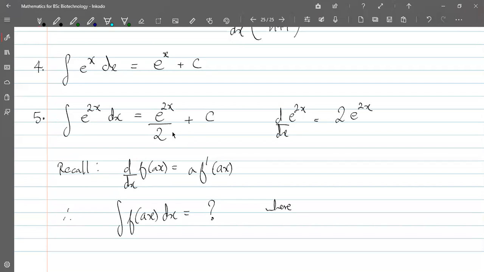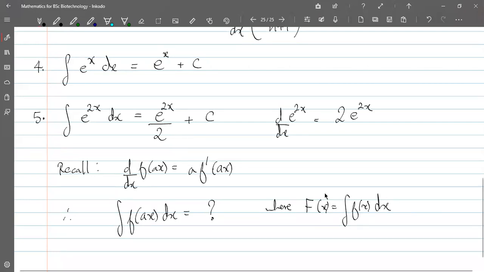Where I'll write capital F of x as integral f of x dx. I'm denoting the antiderivative of small f of x by capital F of x. So suppose this capital F of x stands for the antiderivative of f of x. For example, if small f of x is e power x, then capital F of x is e power x plus c, or just e power x.